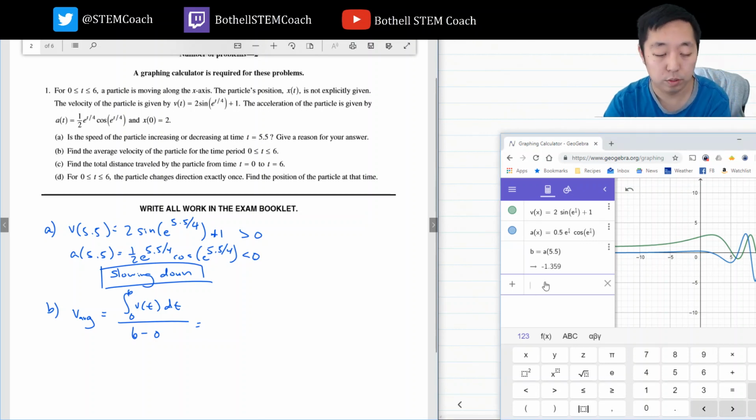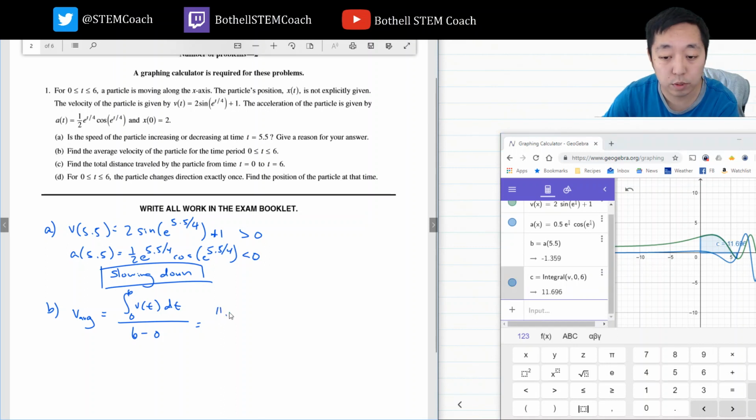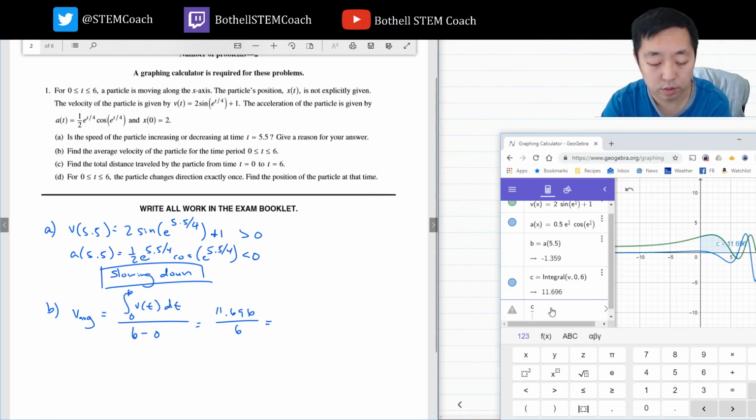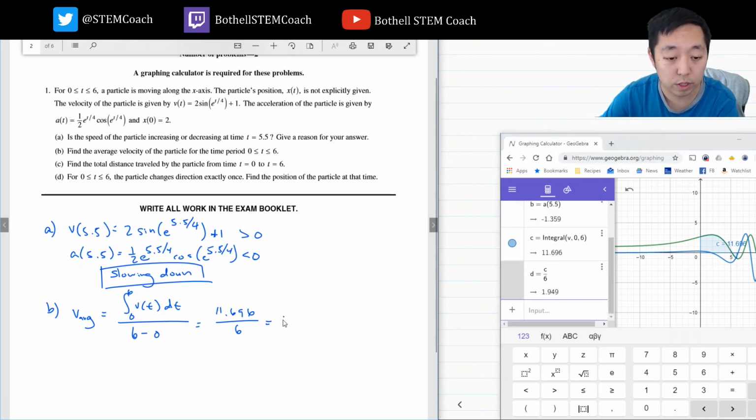If we do the integral function, v from 0 to 6, this is 11.696 over 6, which is 1.949. So that's his average velocity.